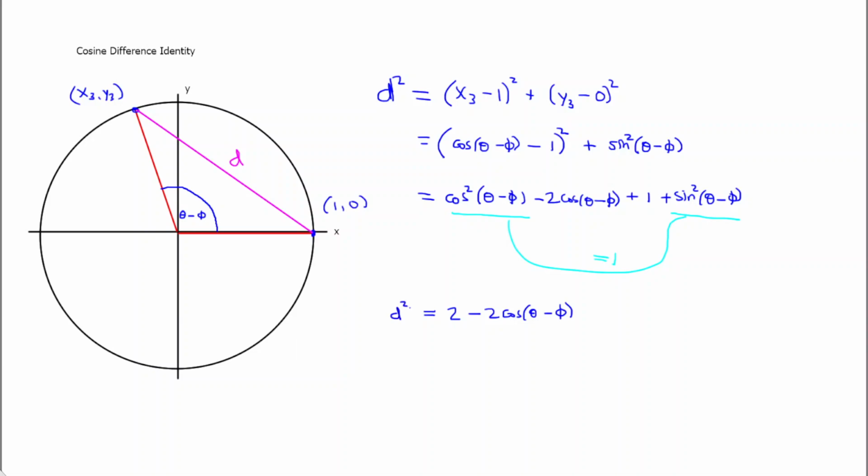That's d squared. However, previously we derived that d squared was equal to 2 minus 2, and in the grouping, cosine theta cosine phi plus sine theta sine phi.